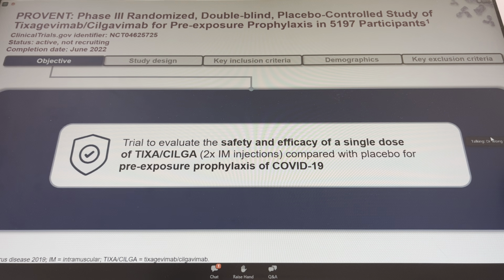It involves Evusheld, which is a combination of Tixa and Silga. They are given in 2 separate vials and given as intramuscular injections at 2 different sites together. And the trial is against placebo for pre-exposure prophylaxis.